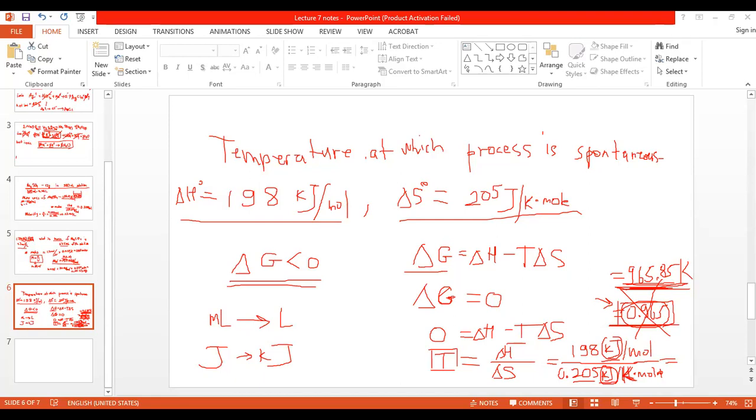All right, so think about what's going to be the temperature. We found the temperature at which the process is at equilibrium. Now we need to find the temperature at which the process is going to be spontaneous.